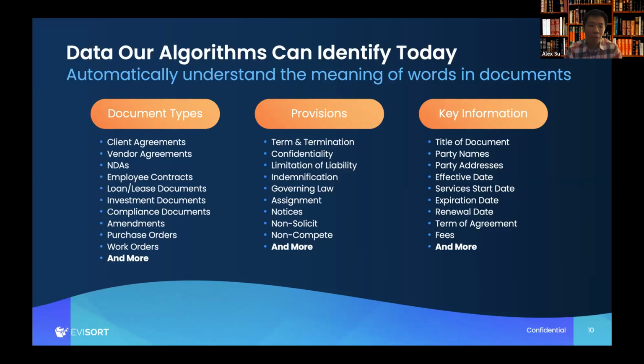I don't know where folks are from, but there's a lot of development in employment law for non-solicits and non-competes. So we can identify for you that this is an employment agreement and then jump to those particular provisions. This is particularly important for legal teams, but also other business teams. You can imagine how the use cases will vary widely if you're talking to procurement teams as well.